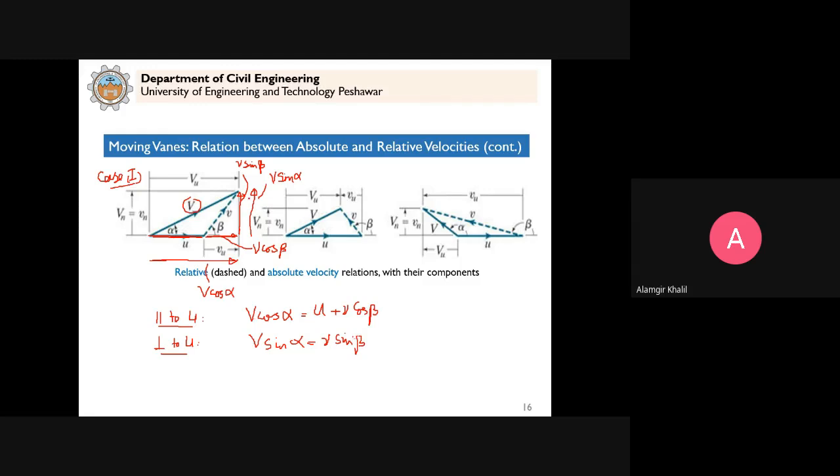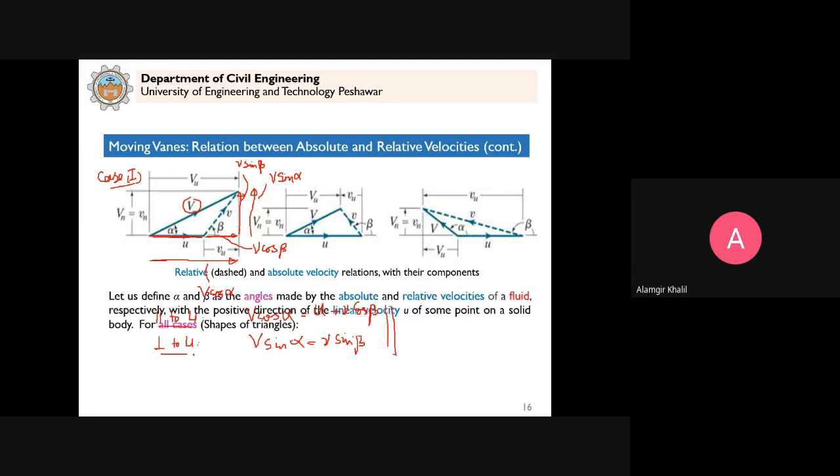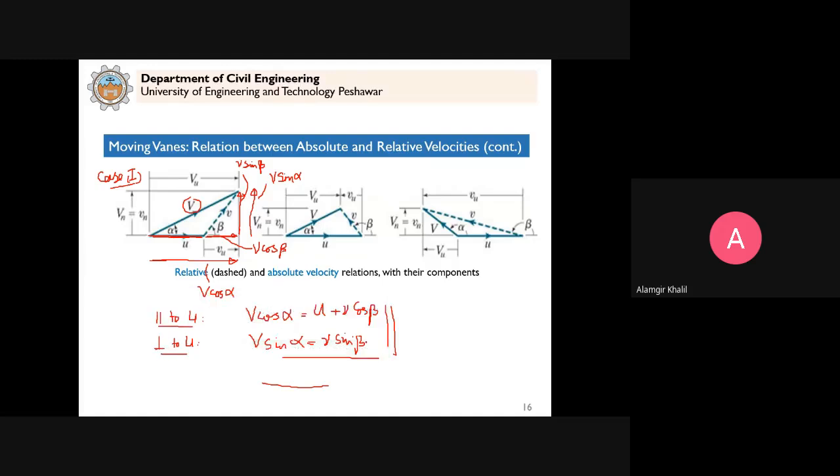There is no component of u in the vertical direction. This is how the relationship comes, parallel to u and perpendicular to u. This is what we saw earlier: v sine of alpha is equal to small v sine of beta, and v cos of alpha is equal to u plus small v cos of beta. So this is how we get case number 1.